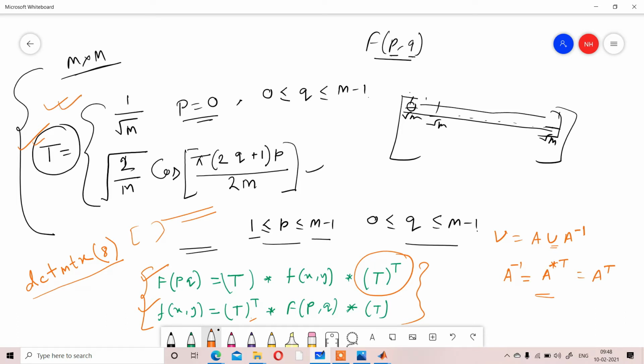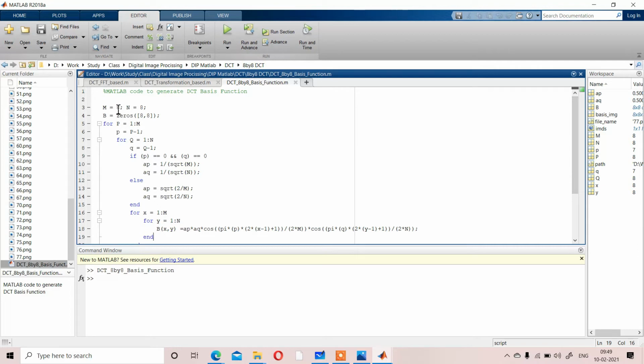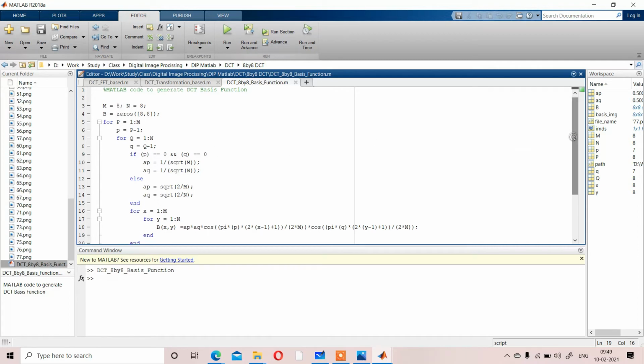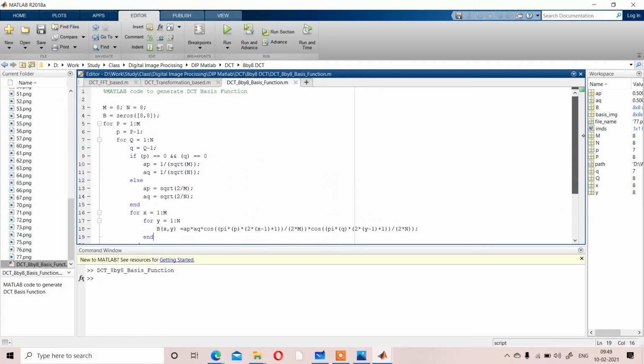Whenever you do the discrete cosine transform separately, you don't need to consider that part, because it is already done inside DCTMTX, for the same size m cross n, for m equal to 8 and n equal to 8. Only one change is there: in that operation we are considering a fixed value 8 cross 8 that we cannot change.